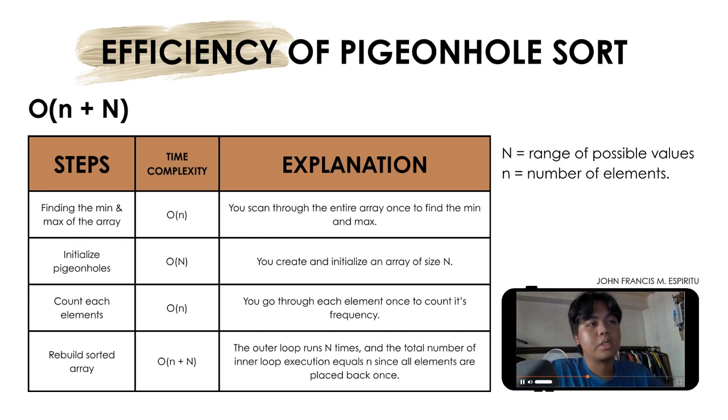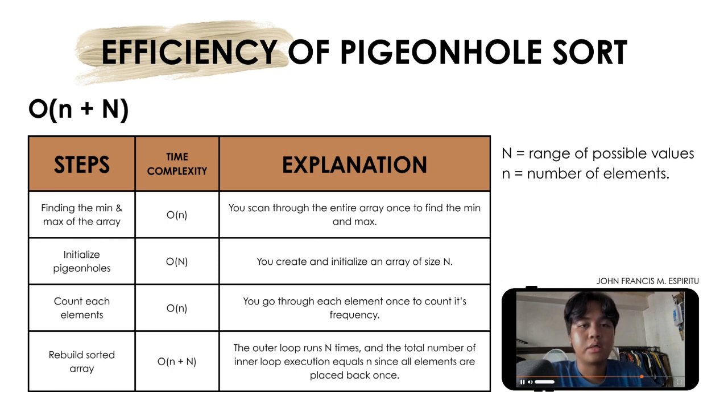Step 1 is finding the minimum and the maximum of the array. Its time complexity is O(n). Why? Because we scan the array once to find the minimum and the maximum, so it's O(n). For step 2, we initialize the pigeonholes, an array whose size comes from the maximum minus the minimum, plus 1.